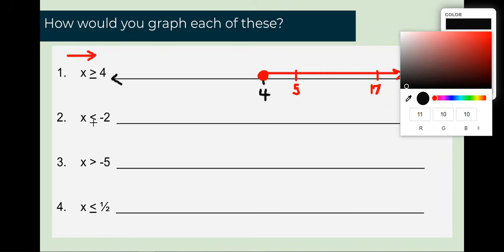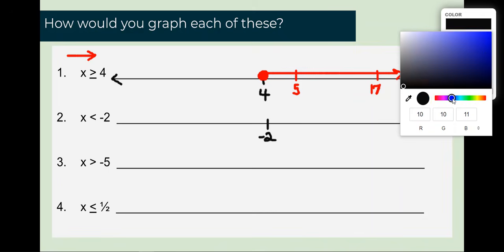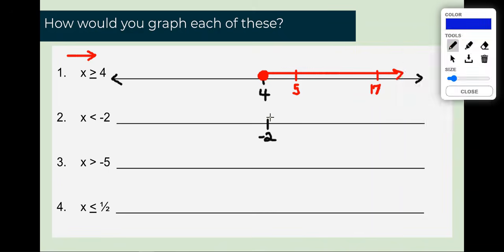In the next graph, we have x is less than negative 2. So we'll graph negative 2, doesn't matter where I put it. And because it is less than, that means it is going to be below that number. You'll notice that it does not include an or equal to symbol. That means it's going to have an open dot because it does not include the number negative 2 itself.